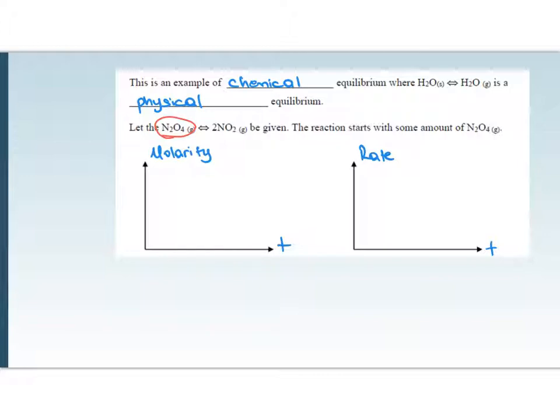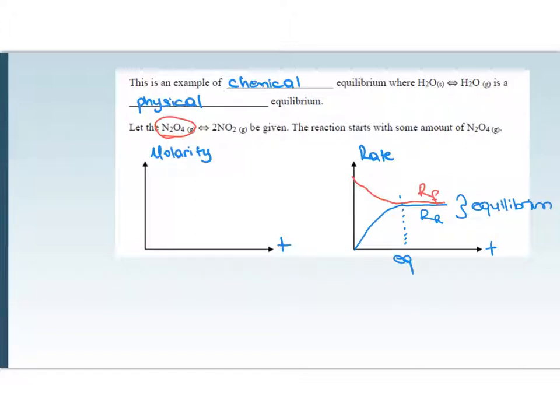So after a while, the forward reaction decreases like this, and the reverse reaction rate increases like this. So at time t here, they are going to reach equilibrium. This is rate forward and this is rate reverse. So this is the moment of equilibrium. And in fact, this graph also shows the definition of equilibrium.